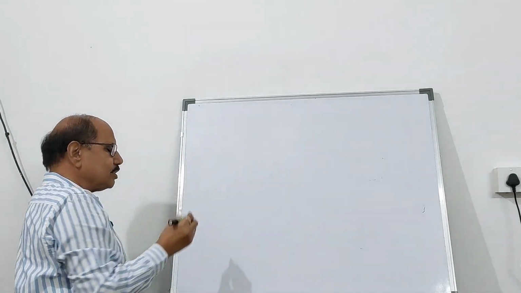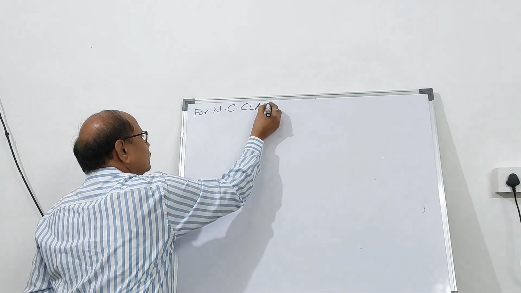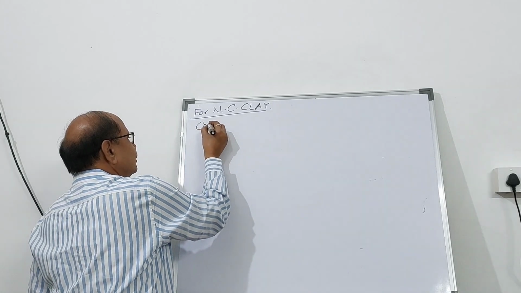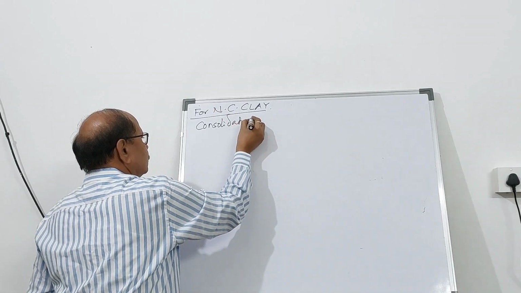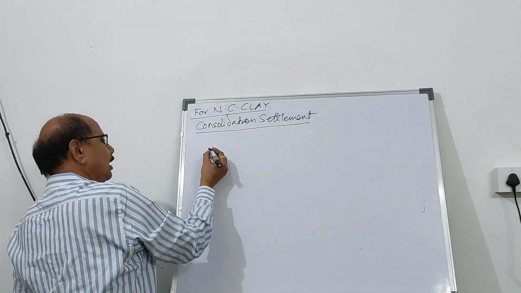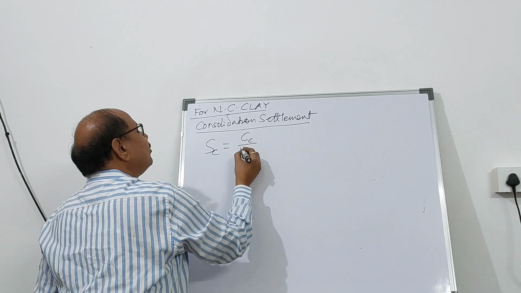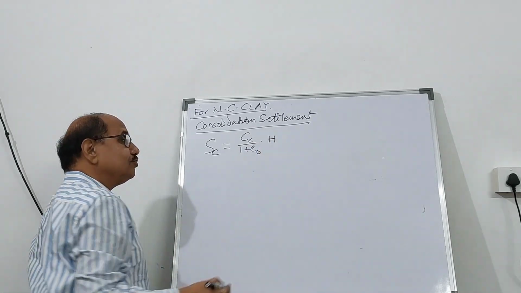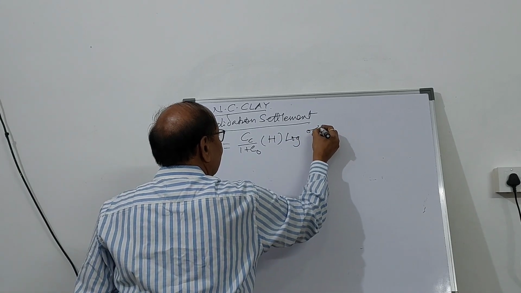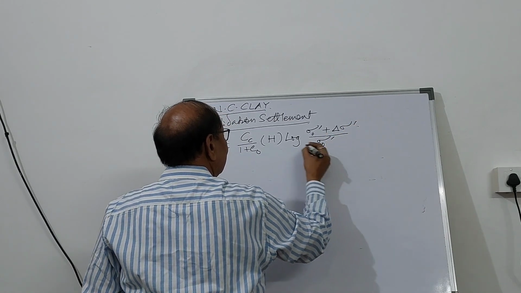So let's concentrate on Cc because for normally consolidated NC clay, the value of consolidation settlement under any given intensity of pressure, Sc, is given as this compression index divided by 1 plus e naught into height of the clay layer, thickness of the clay layer H, into log of sigma naught prime, that is overburden pressure, plus increase in pressure divided by overburden pressure to the base 10.